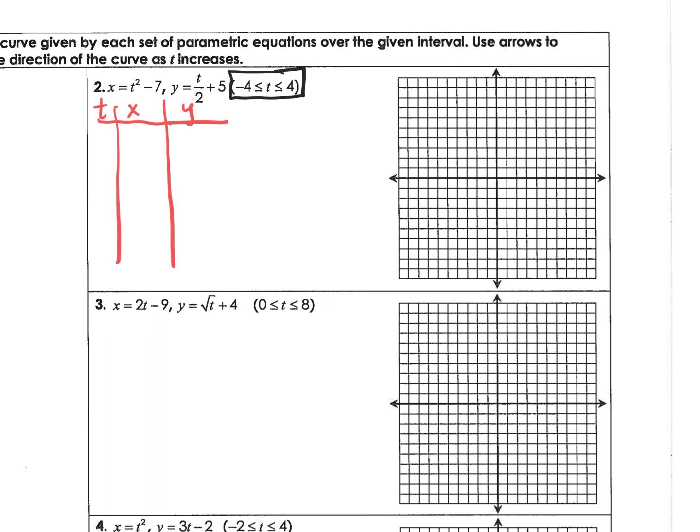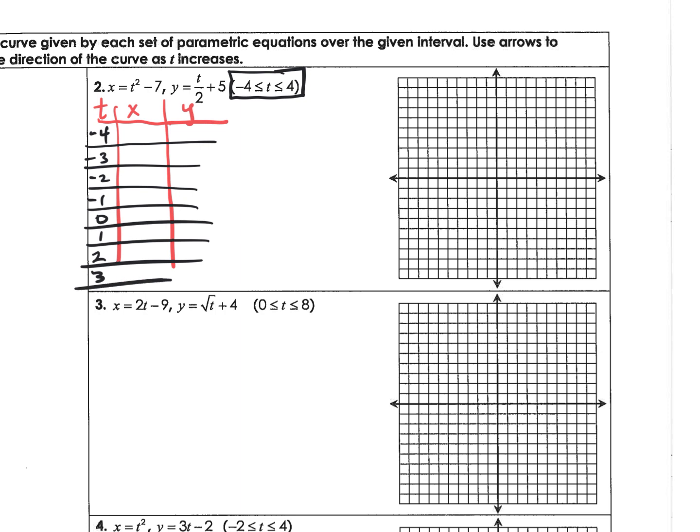So what do my T's need to go? -4 all the way to 4. So -4, -3, -2, -1, 0, 1, 2, 3, and 4. And that's okay because now we can go back into your Y equals, and clear those two out and put your new ones in.